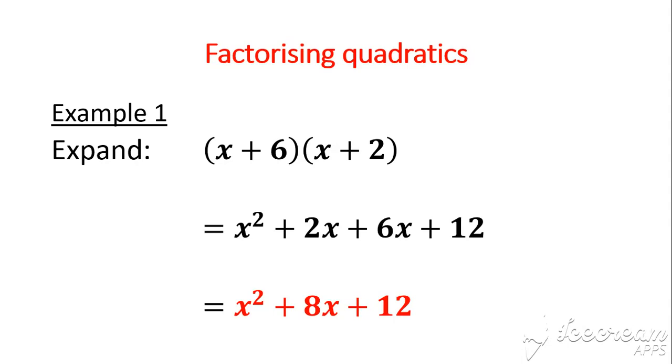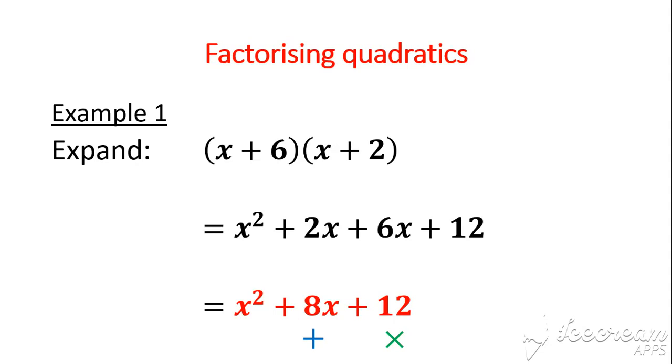Now let's see if you've picked up, along the way, a few things you may have started to observe. First of all, this 8 was made up of 6 plus 2. And second of all, you may have picked up this 12 is made up of 6 times 2. So the 8 came from 6 plus 2, and the 12 came from 6 times 2.